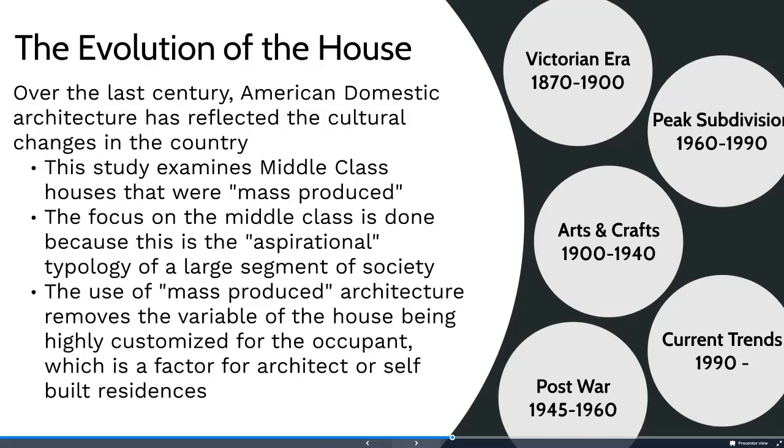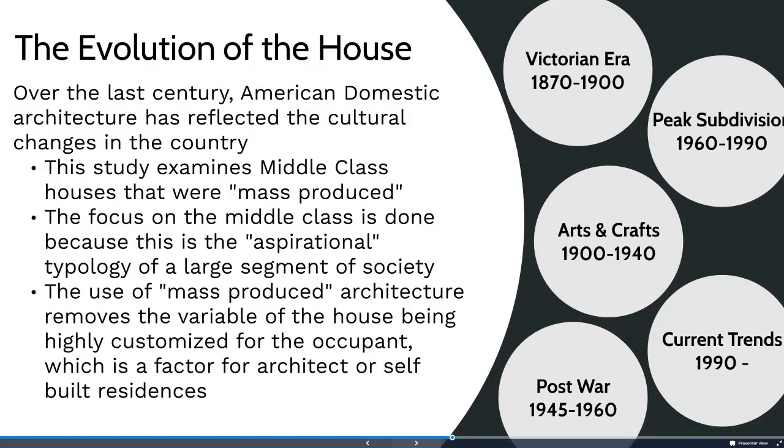For this study, I looked at middle-class houses that were, quote, mass-produced, whether they were produced through the use of pattern books, as in the Victorian era, or catalog houses, as we saw with the Sears Roebuck houses of the arts and crafts period, to the more modern tract home developments that exist after World War II.